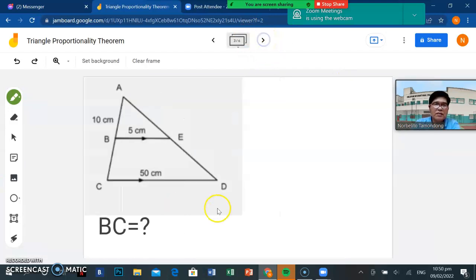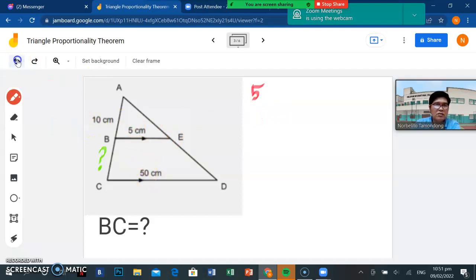Okay, so next you are going to find BC. This is the missing side, so that's what you are going to solve. In here, to form a proportion, you need to use this 5 to 10. Part is to part, 5 to 10 is equal to 50 is to blank.